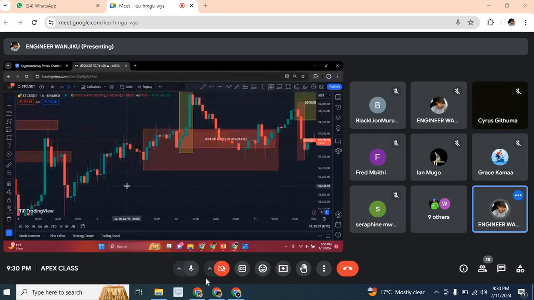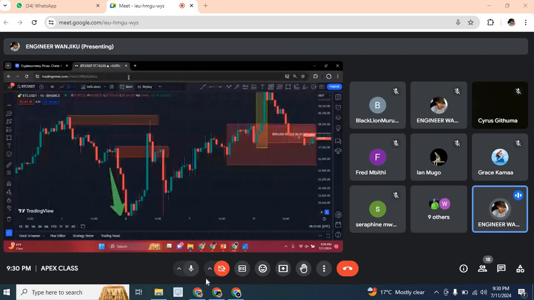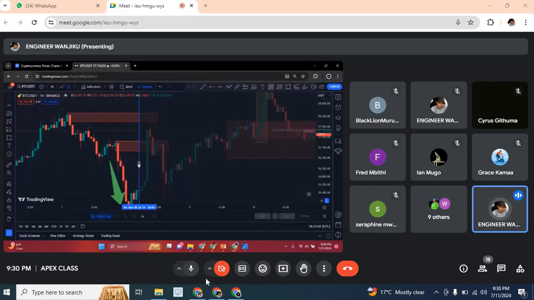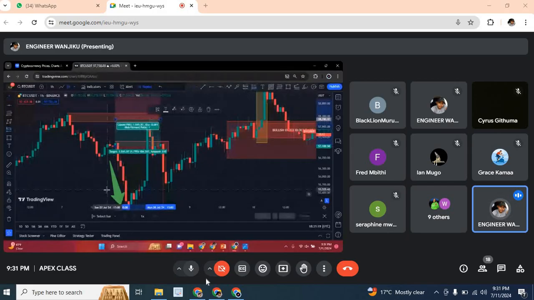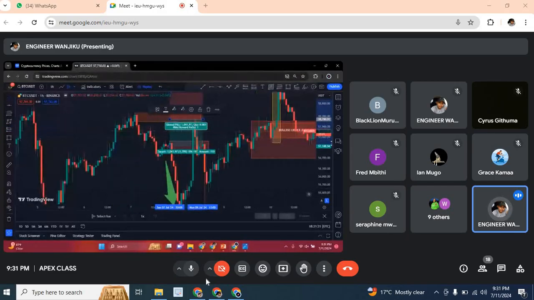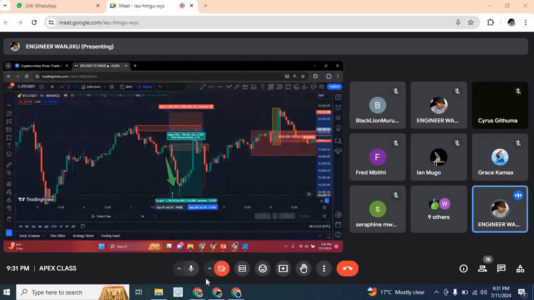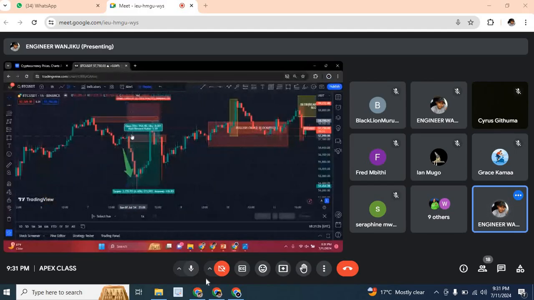So for example, if it was this zone right here, I've just identified my order blocks from this point. So what I'll do now, I'll have my sell position from that zone, so that when the market comes to retest my order block, I can get triggered into that trade, and then I can sell all the way to my take profit.